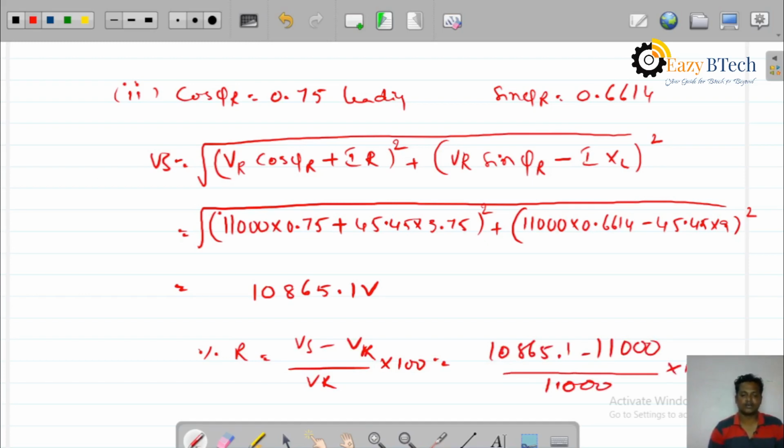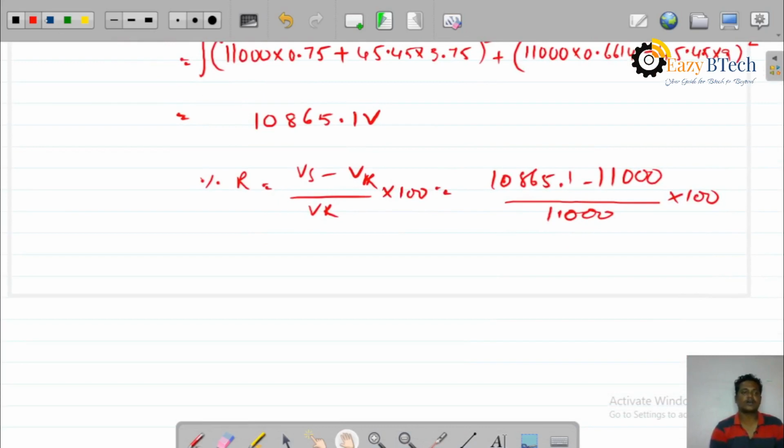I get the regulation as minus 1.23 percent. This is the way we calculate the regulation for lagging and leading. Now, the efficiency of the transmission line.